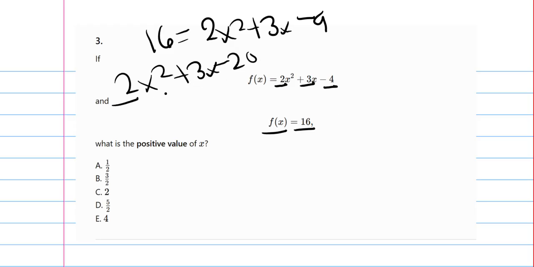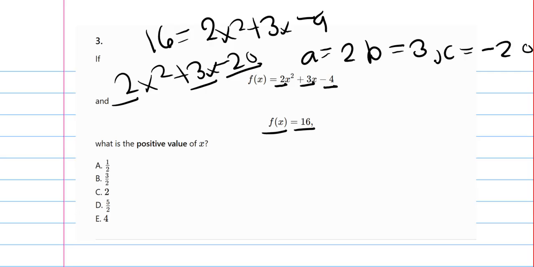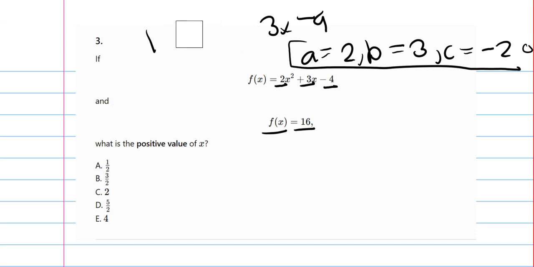So now we're given that a is equal to 2, b is equal to 3, and c is equal to negative 20. I'm going to put a comma here. I'm not going to erase this. And let me erase some of the parts here so I have a space for showing how to solve this.